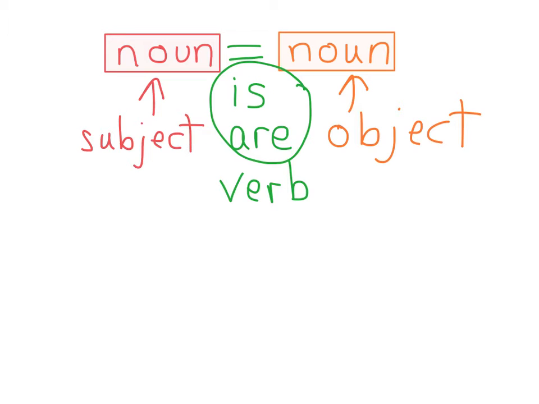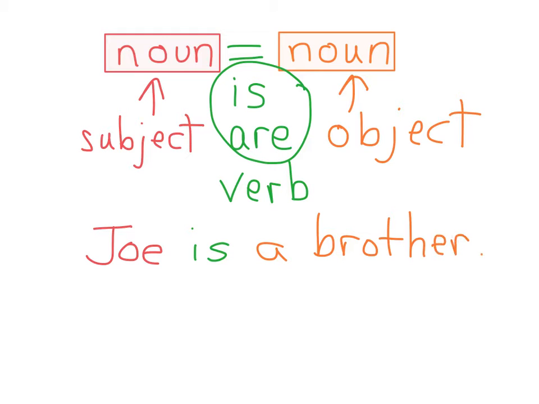So we did a sentence like, Joe is a brother. Joe is a person, he is a noun, he is the subject of the sentence.